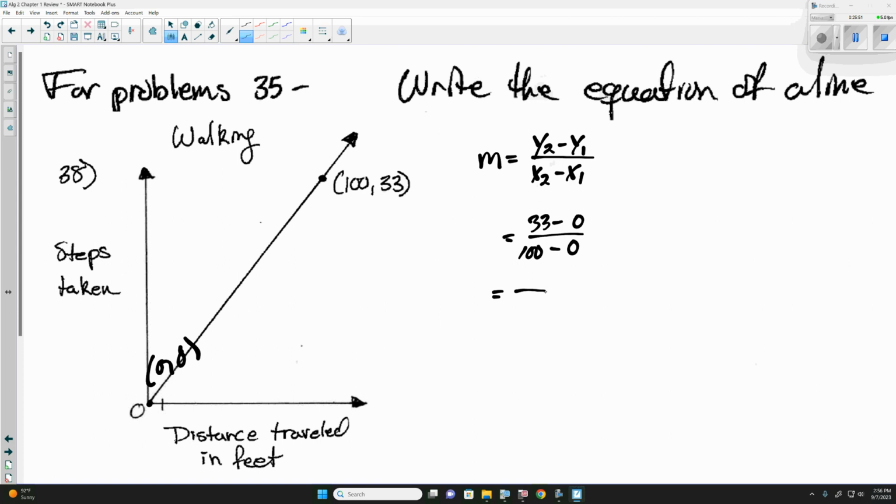Well, 33 minus 0 is 33, 100 minus 0 is 100. 33 and 100 do not have a common factor, so the slope is 33 over 100. That is half the answer. The other part is we need to find the equation of the line.